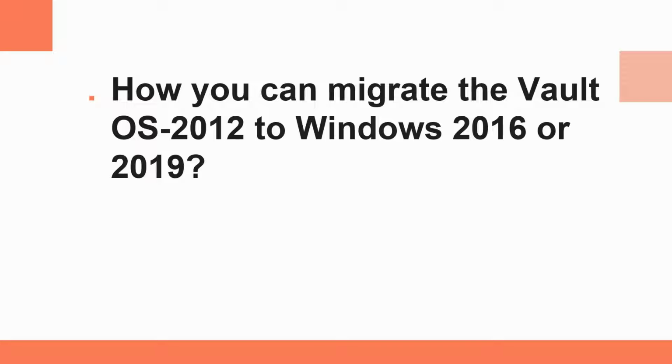First, we have to get the Windows 2016 servers ready, and we have to take the backup from the old systems using the replicator. Then we have to install the CyberArk on the 2016 servers, and restore the same data in the newly installed environment. Okay, how can you restore that data?